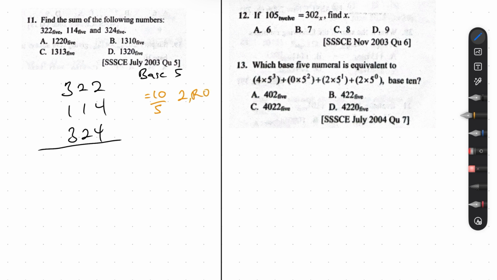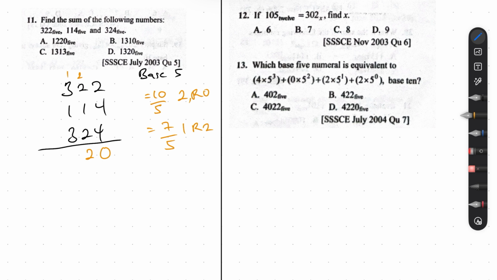So here we have 0, and then the 2 moves on to this side to add. So 2 plus 2 gives us 4, plus 1 gives us 5, 5 plus 2 gives us 7. Okay, so 7 divided by 5 will give us 1, remainder 2. So we have 2 here, and the 1 will go here.